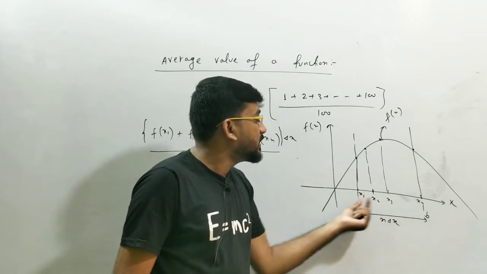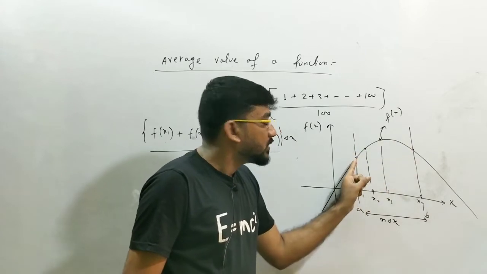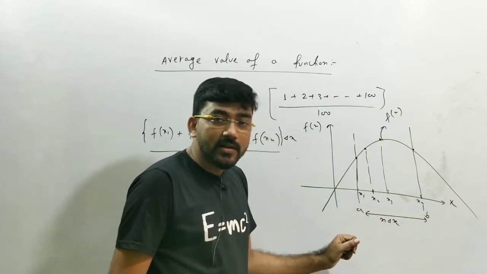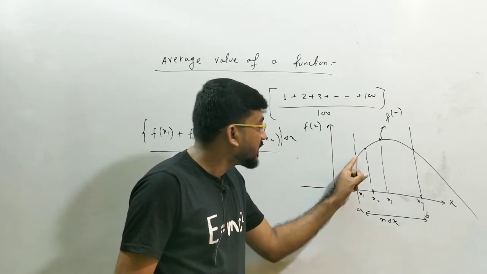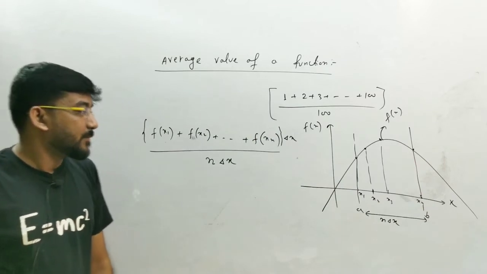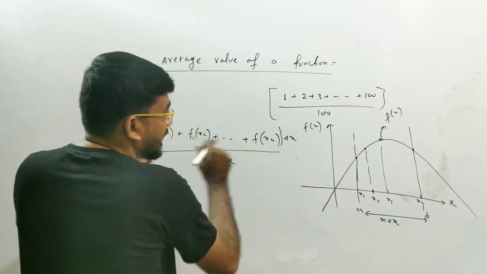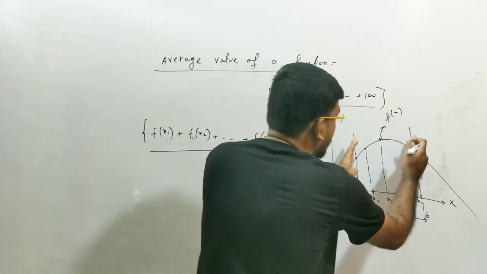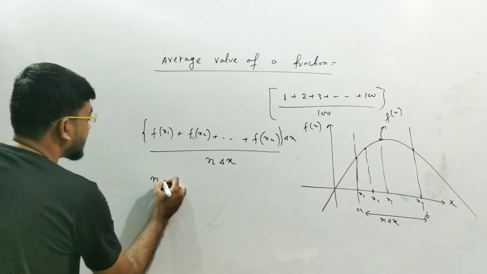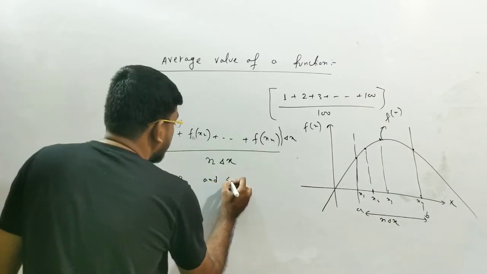If n tends to infinity, then it will automatically carry each and every point on this curve. So if you want to convert this into the average value of this function within this interval, you have to put n tends to infinity and delta x tends to 0.